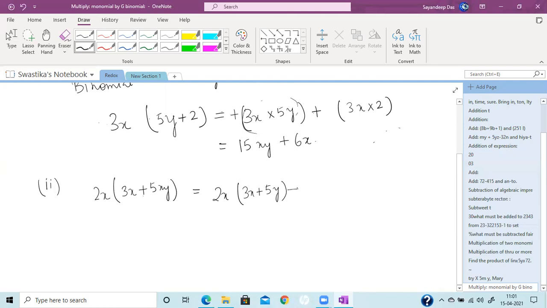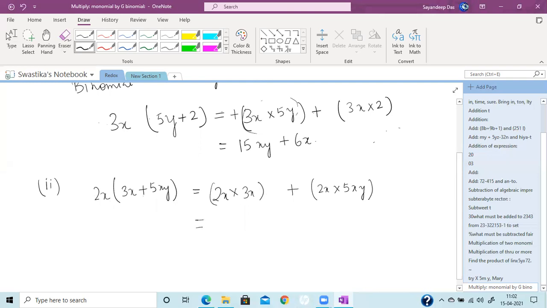First of all, you multiply the sign. Plus into plus is plus. So 2x into 5y. Now you multiply this, like this is 2x into 3x. So you can write like this: 2x into 3x, which is a positive sign, and 2x into 5y.